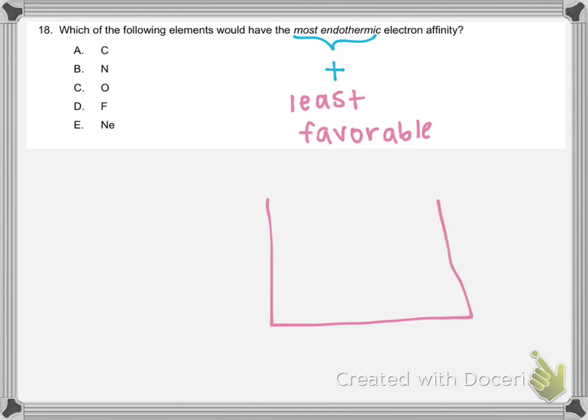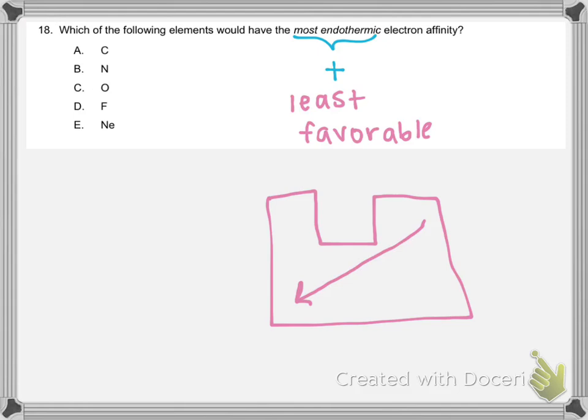And so our trend for electron affinity shows that it increases as you go down and to the left on the periodic table. And here we're just actually looking at one row of the periodic table, so we're just going to look to see which is furthest to the left.